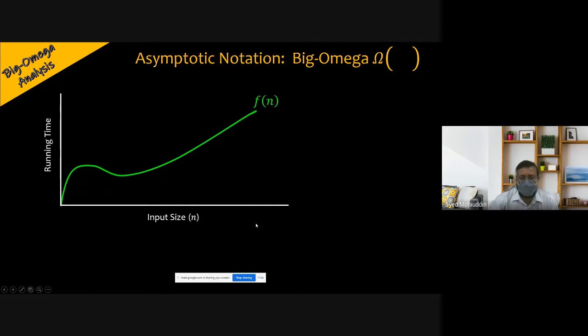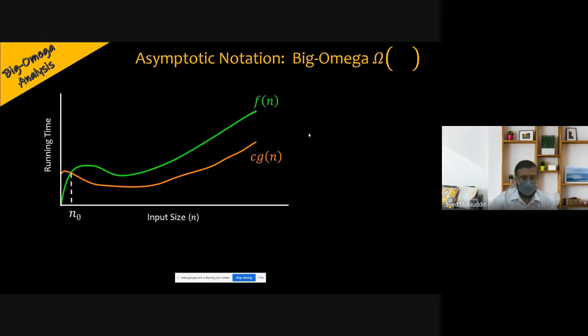So as the input size increases, the time function f of n increases. Then there is another function, g of n. In big O notation, g of n is above f of n for some n value. But here in big omega notation, it is below.